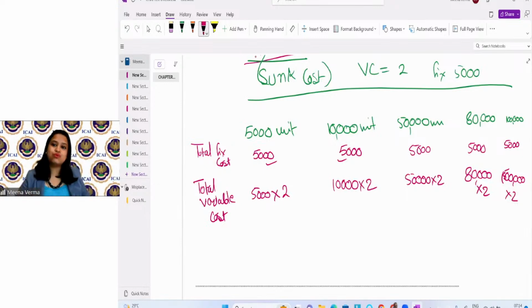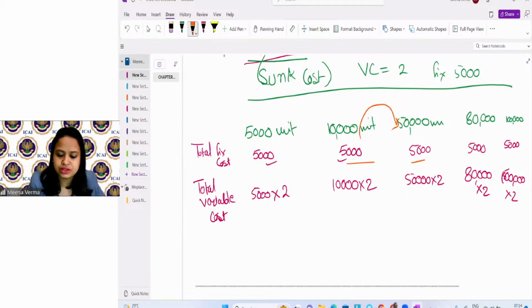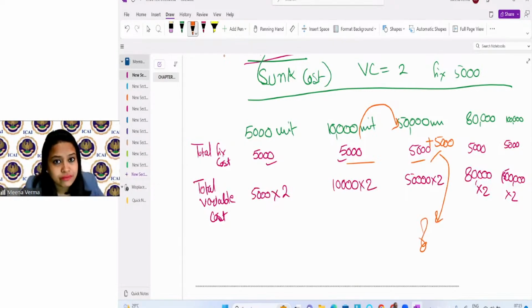So this is the first reason why we consider the variable cost for decision making and why we do not consider the fixed cost, but we consider the avoidable fixed cost or incremental fixed cost. For example, when we are increasing the production and for some reason the fixed cost has increased from year to year, the increase in fixed cost will be relevant for decision making.